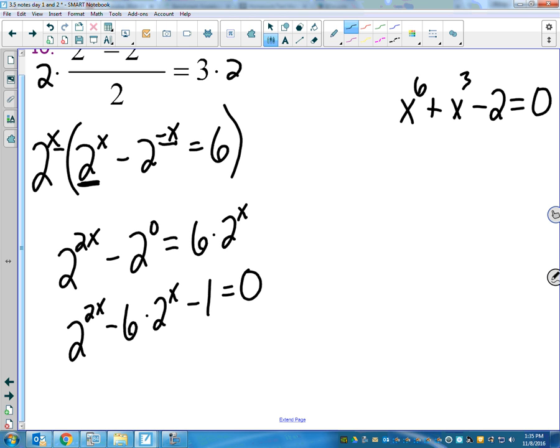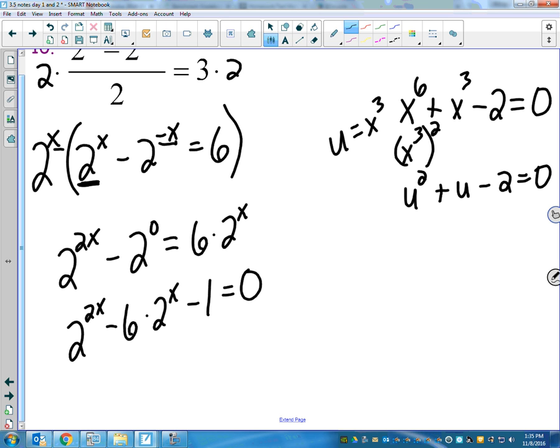And you could factor it, and you could set up a u substitution, and like you talked about that if the middle term was half of the leading term, then that's set up for quadratic form. And you could do something like u equals x to the 3rd. And if u is x to the 3rd, then this becomes, I'll write it in 2 steps, like x to the 3rd squared, or that becomes u squared plus u minus 2. And then you could just factor it like normal and then plug back in what u was.